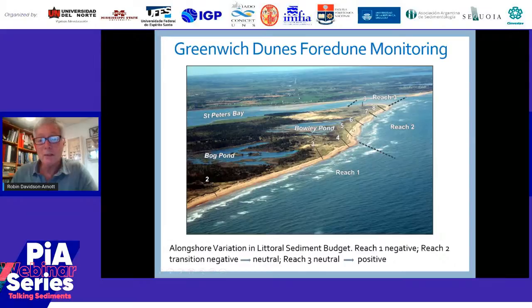As we get here, there is a reduction in the rate of sediment transfer, and we go from negative to neutral to positive in this direction. So profiles around here, 5 and 6, are slightly negative, 7 and 8 are neutral, and out here, 9, it's positive. This is in part what we will be able to show you: how the sediment budget makes a difference to the response of the profile to relative sea level rise.